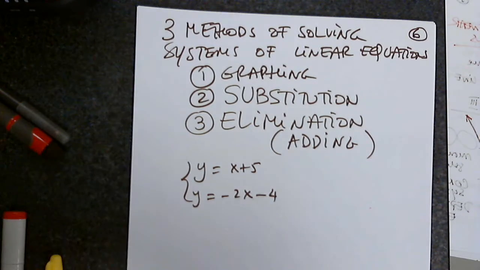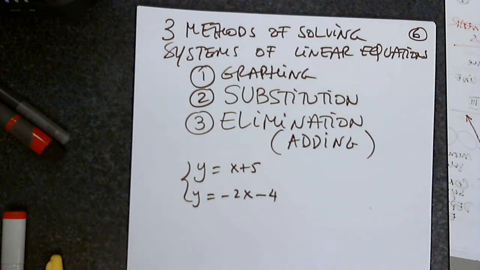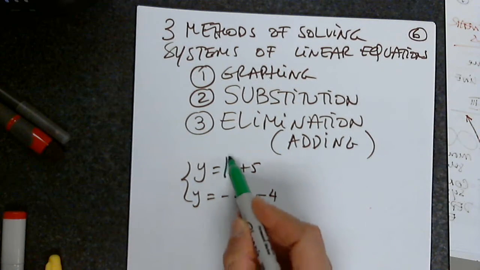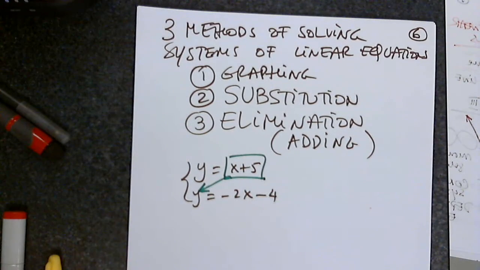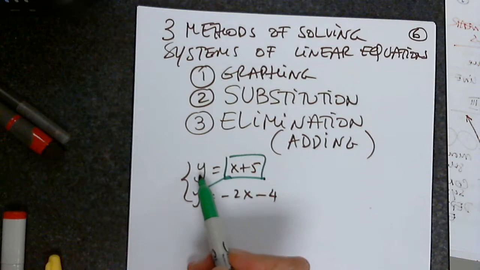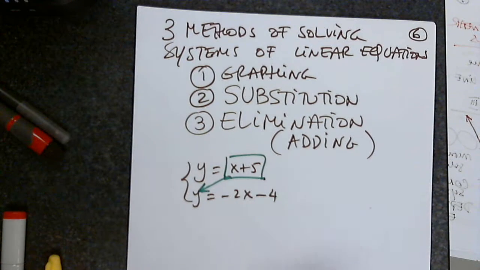Substitute that x with the x plus 5. I don't have any equation solved for x. They're both solved for y. So I will not start by solving for x. So this y equals x plus 5. Well, this y has to equal x plus 5 also. So if I say y where I say x plus 5, I mean the same thing.